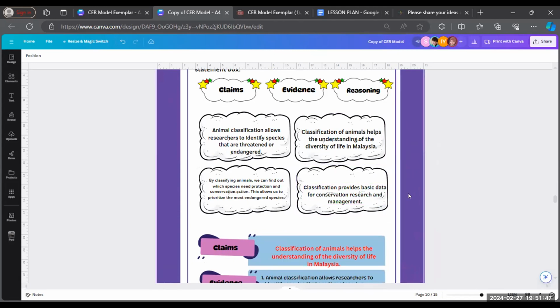in 5 minutes. And after the presentation, I will ask my students what they feel about what they learned today, and what their findings are by using the CER model regarding the topic.